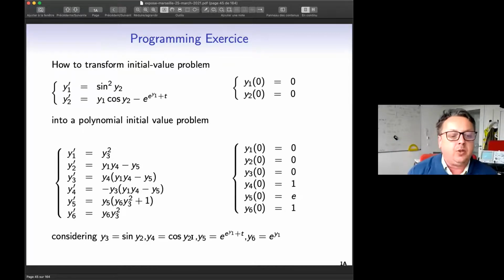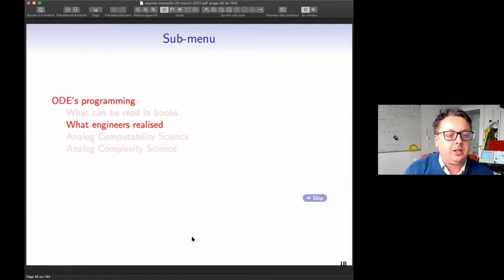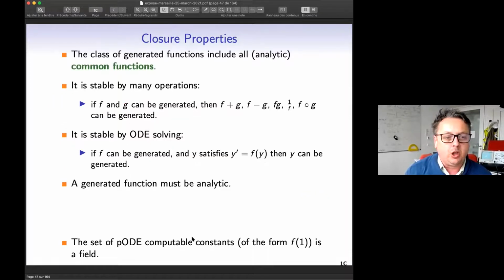And actually, what engineers realized historically was that for most common functions, if not all, so for all the common functions you heard of at school, this process ends in finitely many steps. So the class of functions that you could generate includes all common functions.